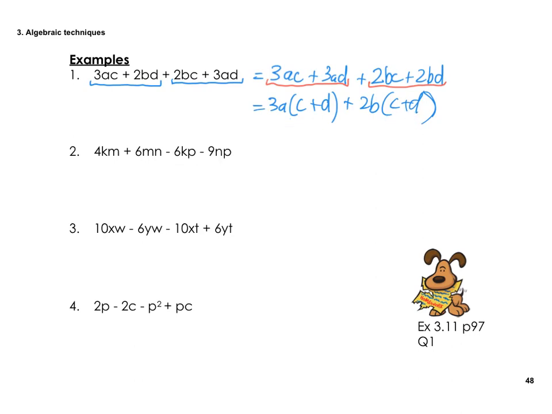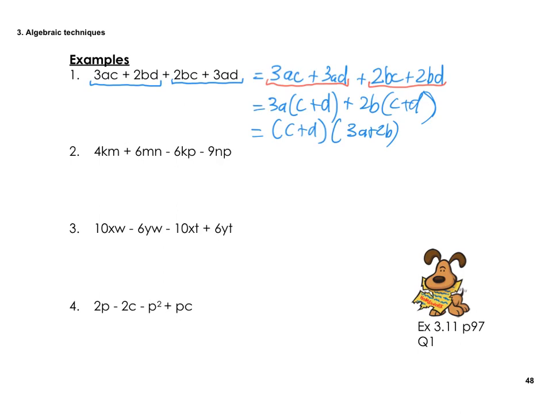You've got to make sure that these always match. Our answer now, remember from the last slide, one bracket is c plus d, the other bracket is 3a plus 2b. The reason why is because c plus d times 3a gives us this, and c plus d times 2b gives us this. So that is my answer fully factorized.